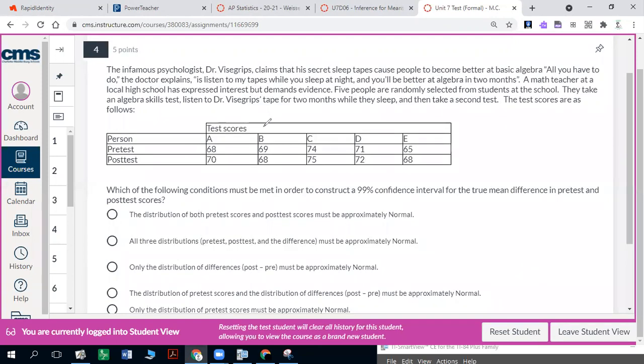Once again, this is going to be paired data. Paired data, because this is a before and after, right? So it's going to be a paired t-test. So which of the following conditions must be met in order to construct a 99% confidence interval? So paired t-interval, I guess, not test, for the true mean difference in pre-test and post-test scores.